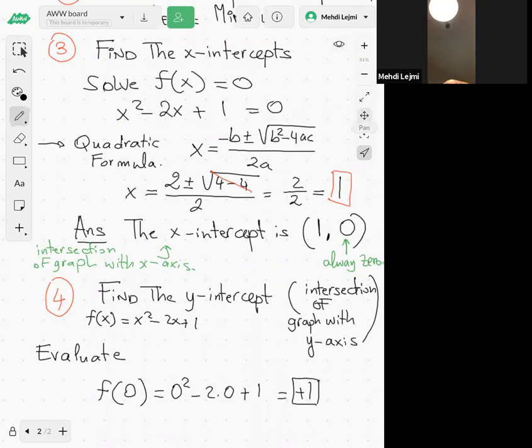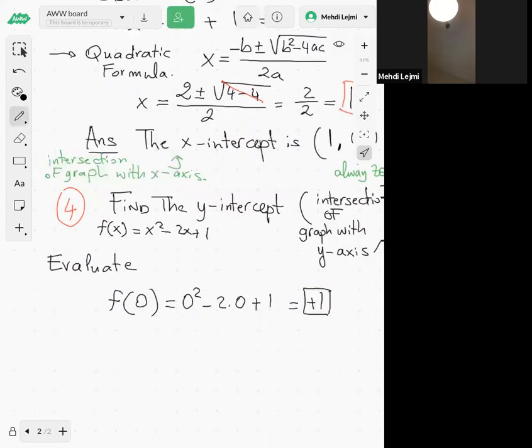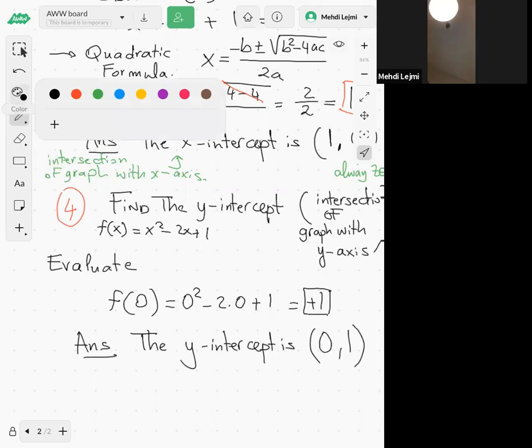So in the y-intercept, the y is equal to 1, and x is always 0 in the y-intercept.